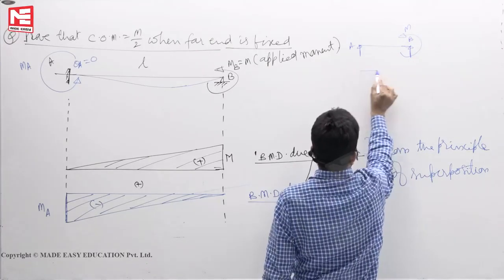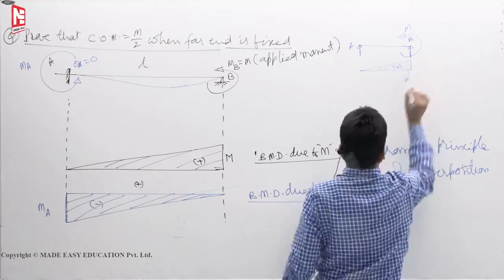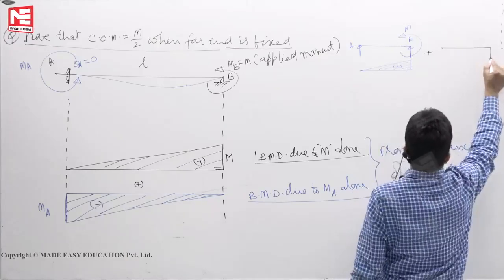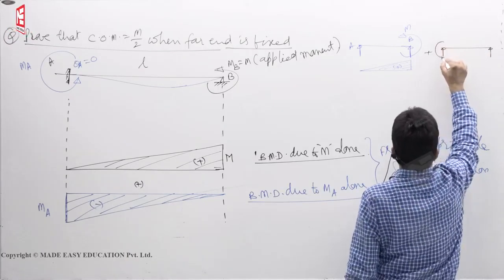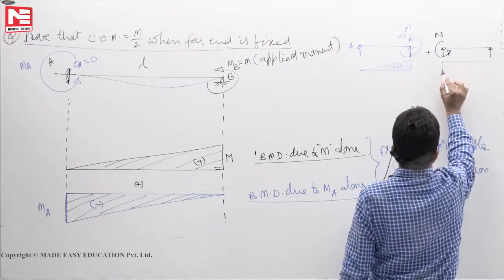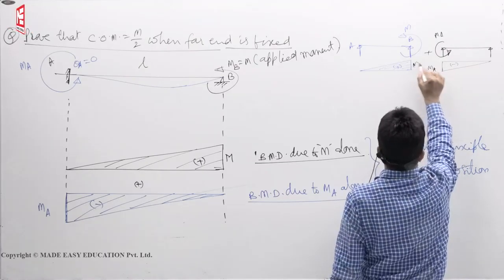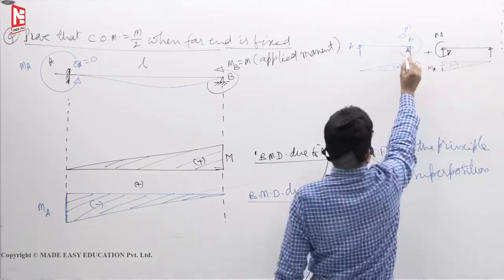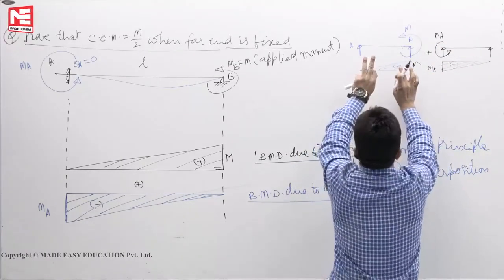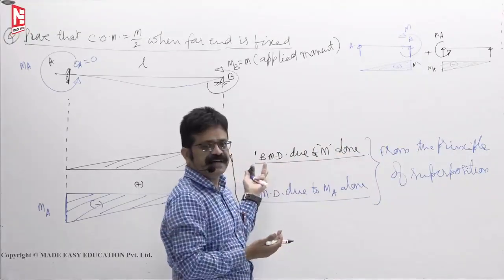For this bend moment diagram is like this. Next, plus take another beam. Apply MA alone. For this bend moment diagram is like this, hogging bend moment. So M and MA on this beam, if you take this and stick it, then you will get this one. That means if you add these two bend moment diagrams, you will get final bend moment diagram.